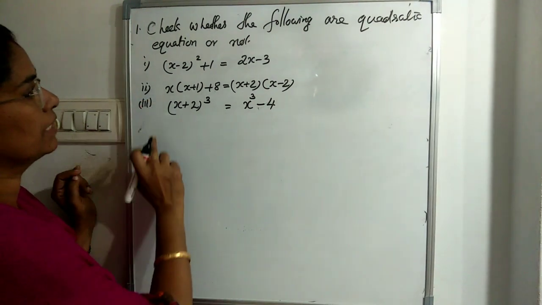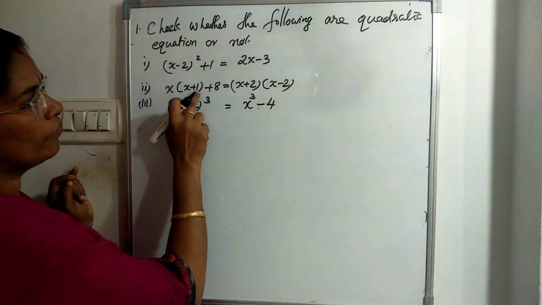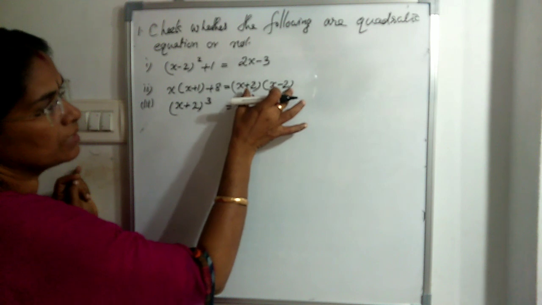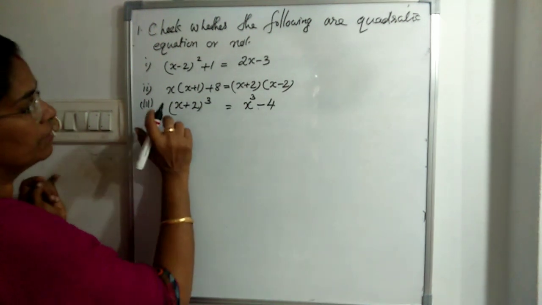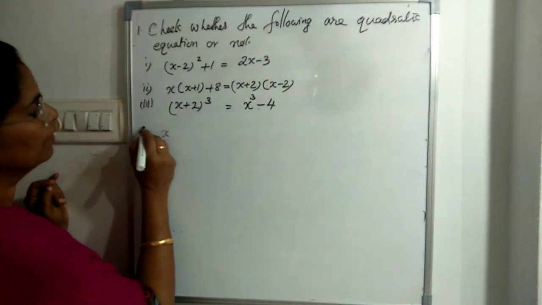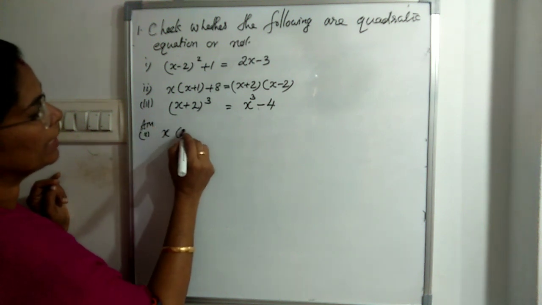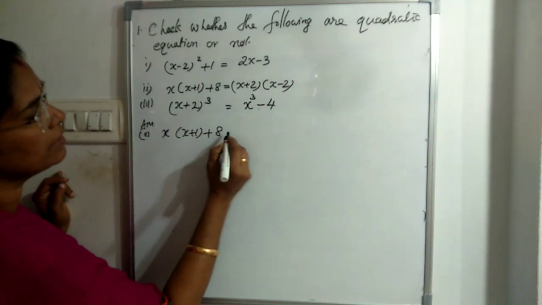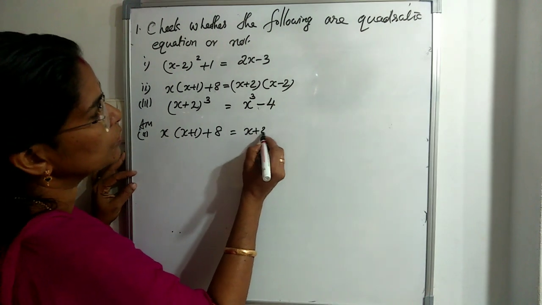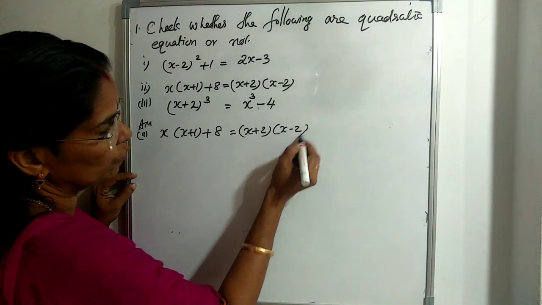Now we can check our second question. Here also there is a bracket, and here also two terms in the bracket you have to expand. First we can take the question as x into x plus 1 plus 8 is equal to x plus 2 into x minus 2.